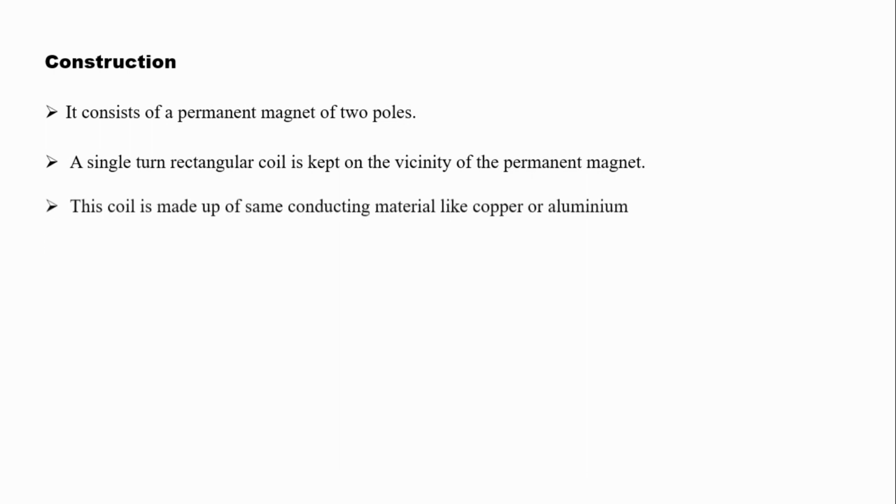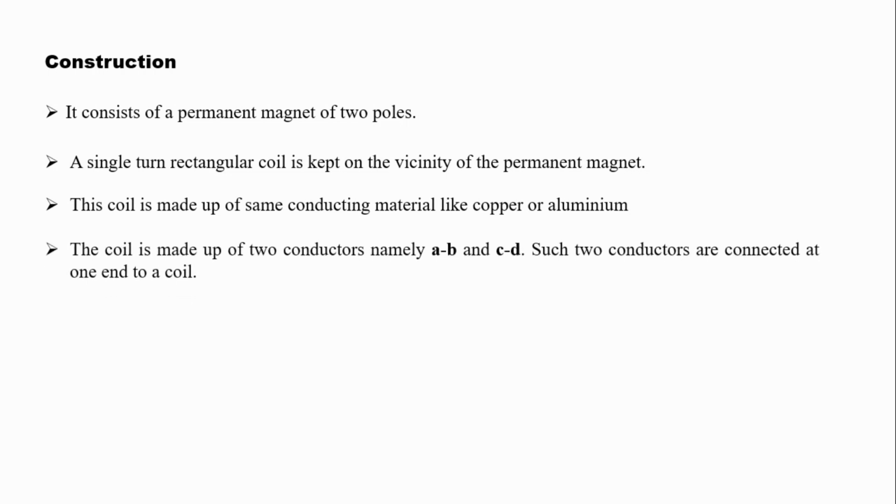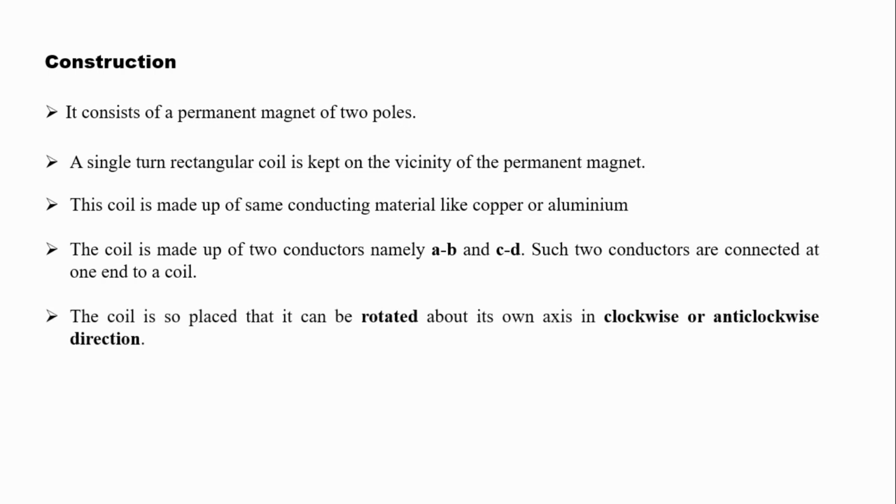This coil is made up of a conducting material like copper or aluminum. The coil is made up of two conductors, namely AB and CD, connected at one end. The coil is so placed that it can be rotated about its own axis in clockwise or anti-clockwise direction.